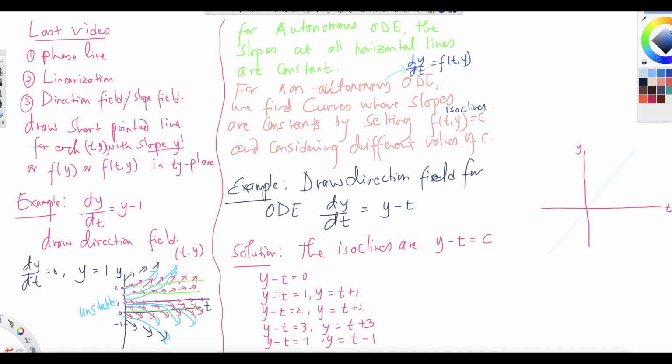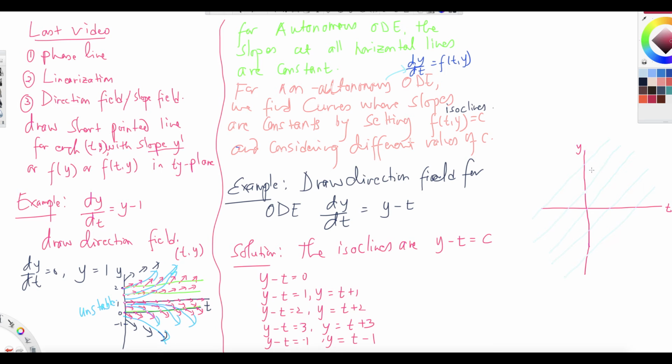And y minus t equals 1 is y equals t plus 1, that will go through 1. Similarly 2, similarly -1, -2, and so on. Okay, these are the isoclines that we got.